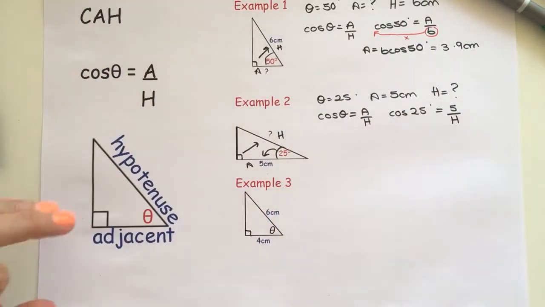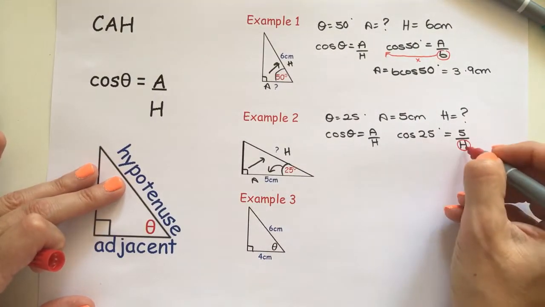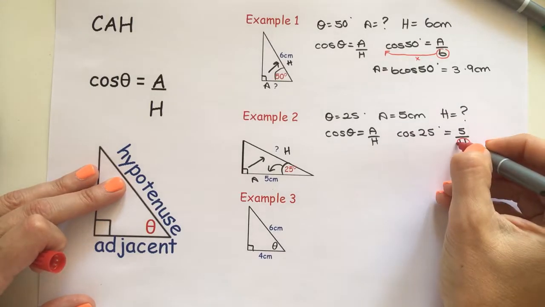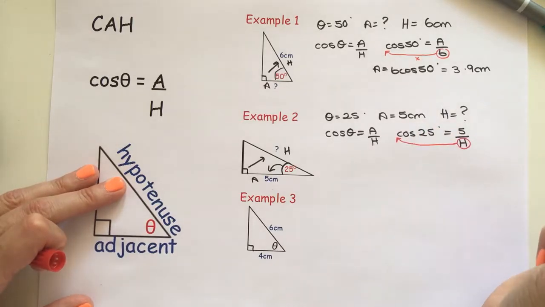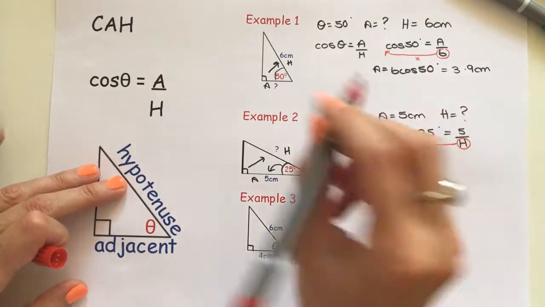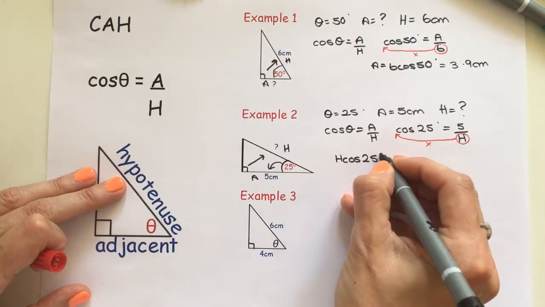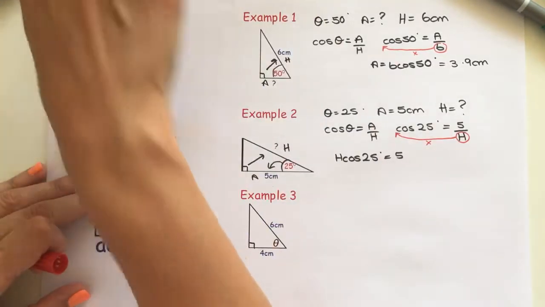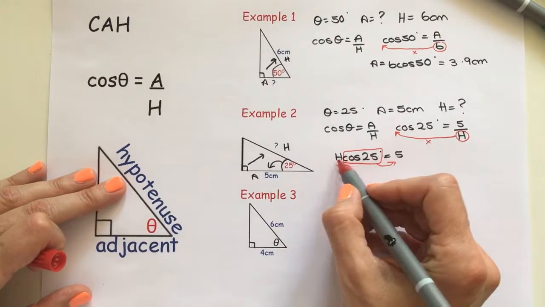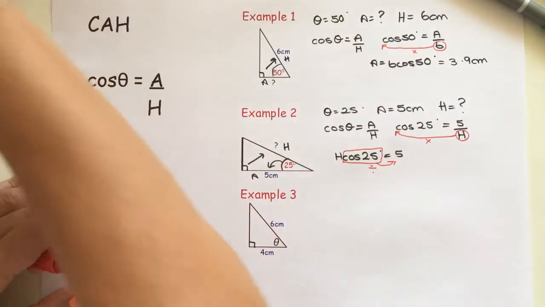Now, just like in the previous video with sine theta, we have to do a double rearrangement because the value that we require to make the subject is on the bottom to start with of our fraction, the denominator, so we must multiply it across as our first step. So h cos 25 degrees equals 5, and then we are going to move the cos 25, it's multiplied into the h at the minute, so we must divide it across.